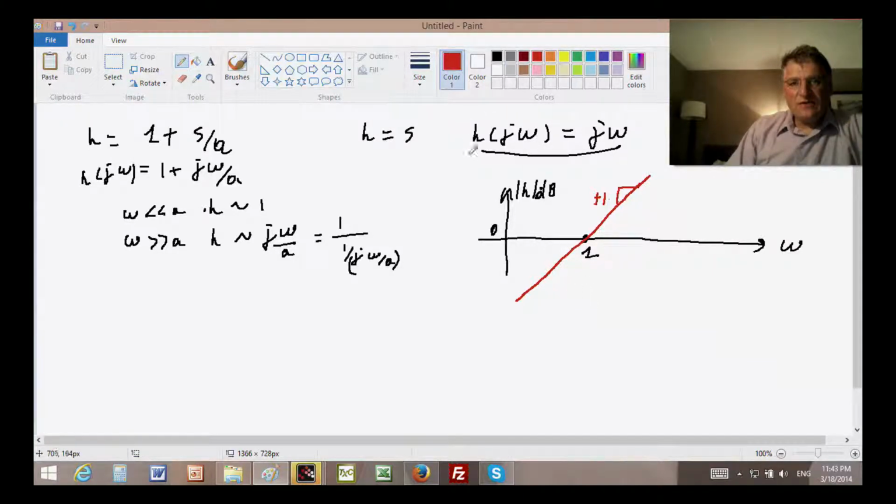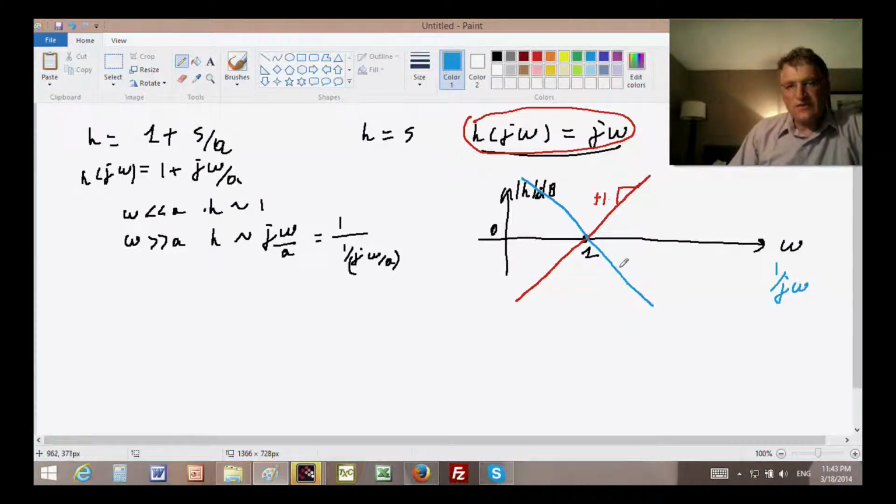And that's normal because j omega is the inverse of 1 over j omega. What happens is that when we plot this in decibels, we get a reflection across the omega axis. If you remember what we had, this is h of j omega, and if we plot instead 1 over j omega, we get that line instead.